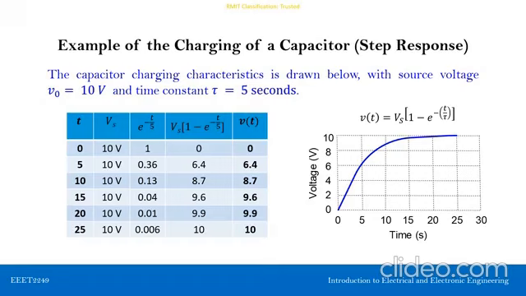So here we see in the graph the capacitor charging characteristics. With respect to time, capacitor charge is increasing, capacitor voltage is increasing, the capacitor is being charged, and the equation for capacitor charging characteristics is V(t) = Vs, which is the source voltage, multiplied by (1 - e^(-t/tau)).